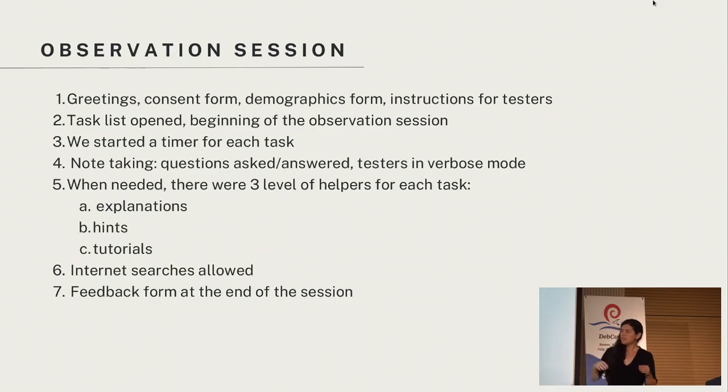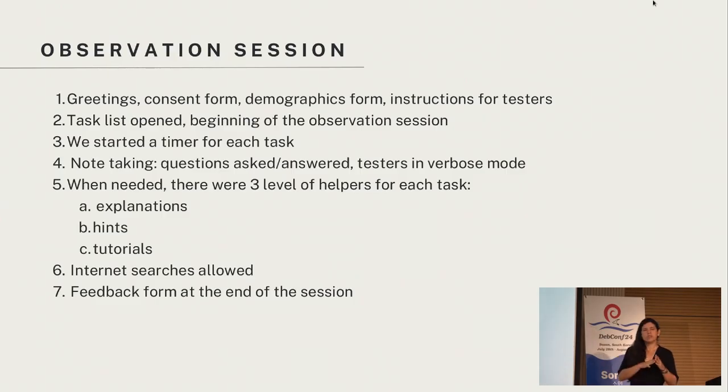Then the second, if the explanation was not enough, is a hint of how to perform that task. And if the hint was not enough, then we would give a tutorial, which is basically explaining step by step how to do it, like holding their hands so that they could finish the task.